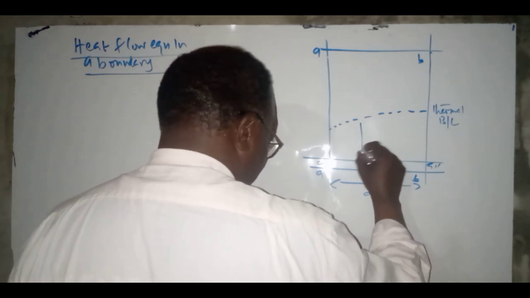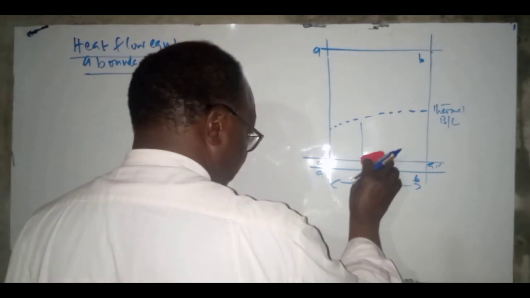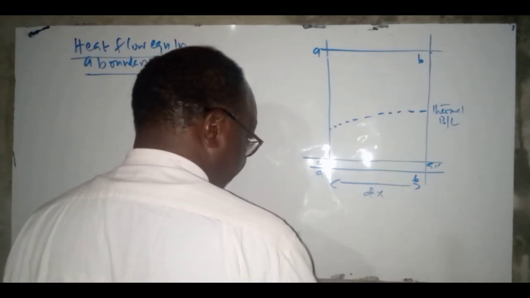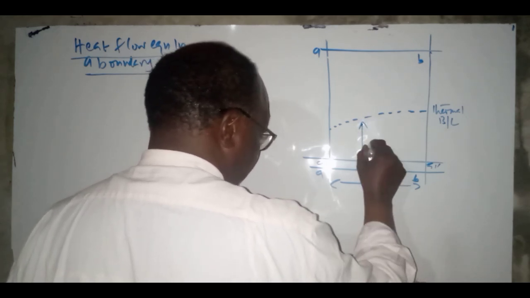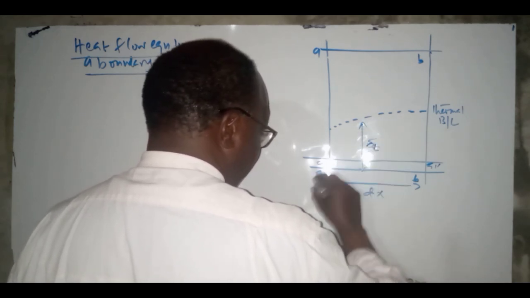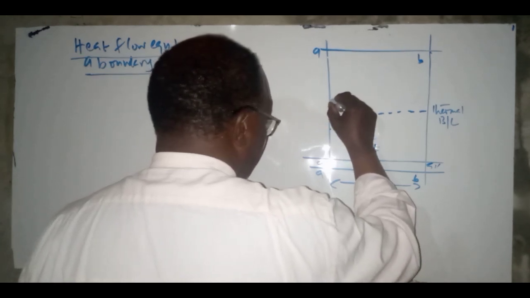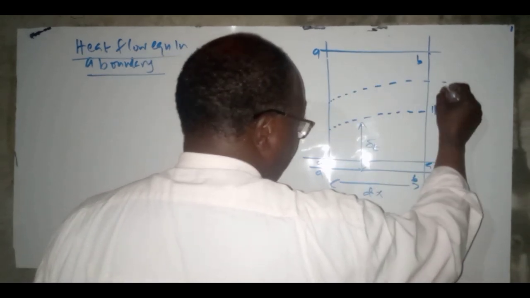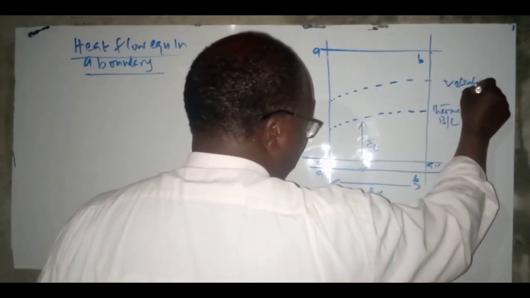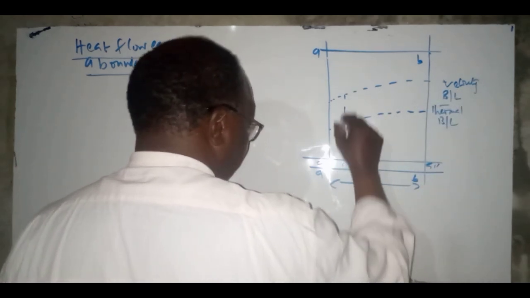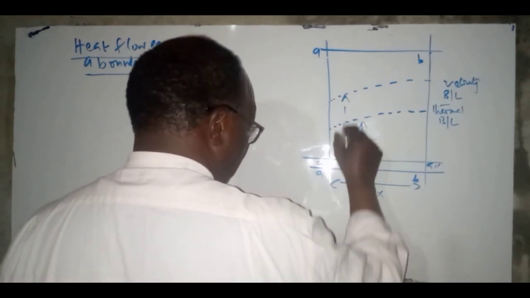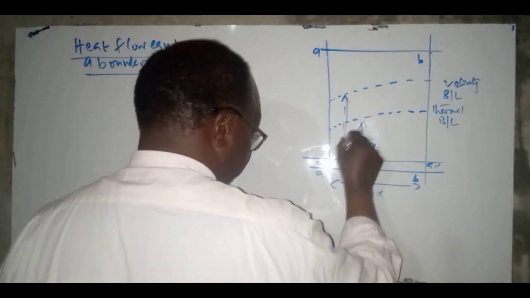And its thickness, let's call it sigma t. And the velocity boundary layer, let's say the thickness is sigma.